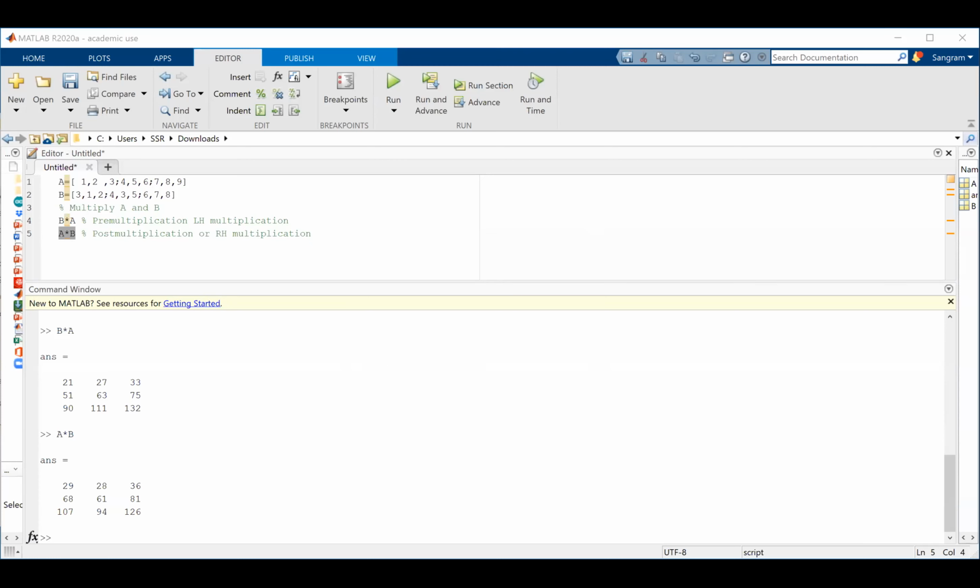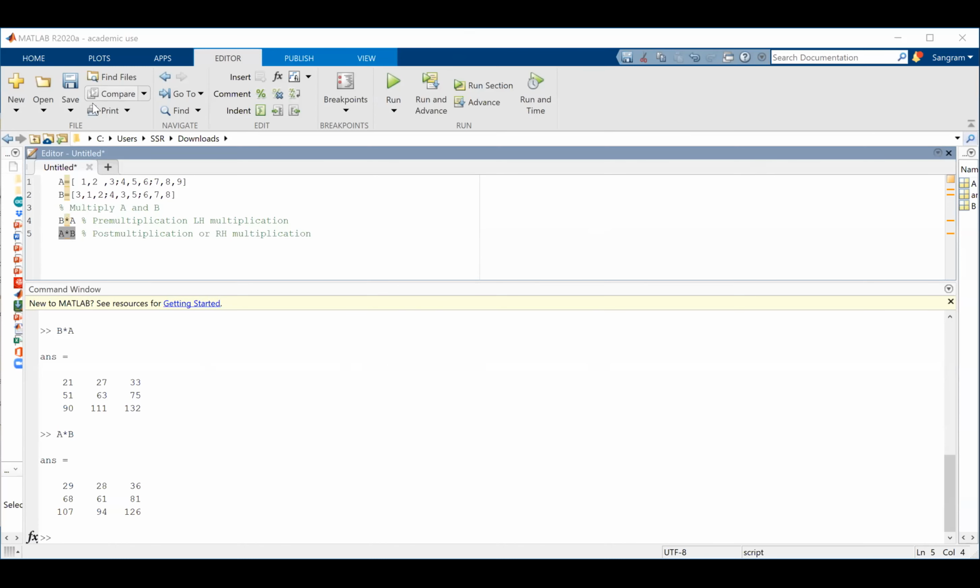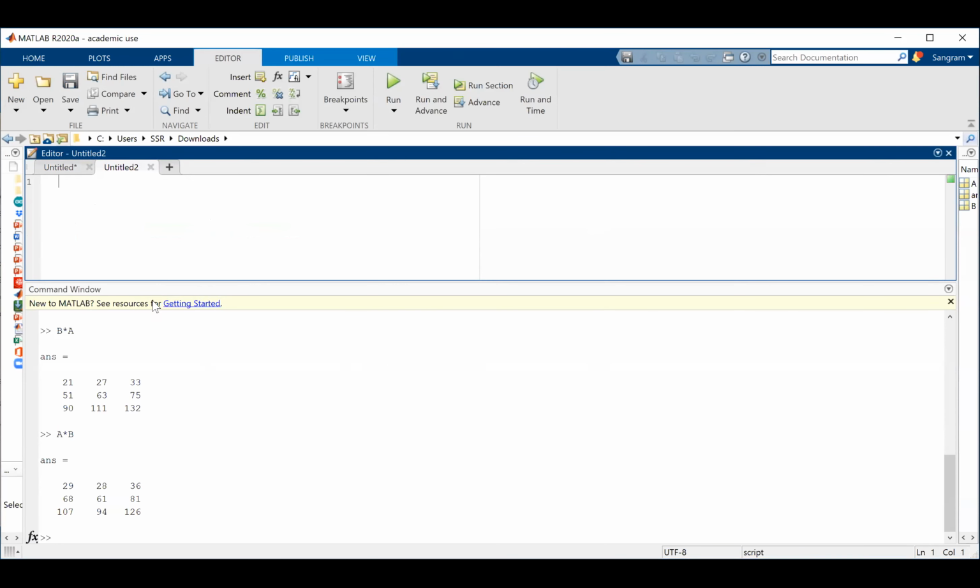Can you see my MATLAB screen? Okay. So I'm going to start a new script: inverse kinematics problem. And I'm going to have the following symbolic variables.